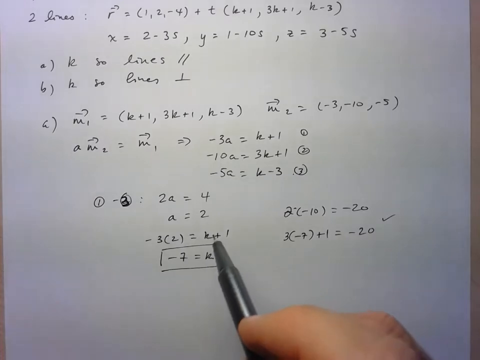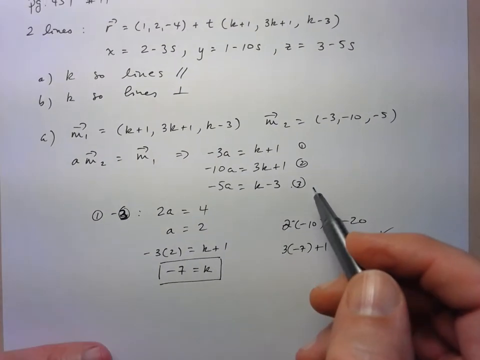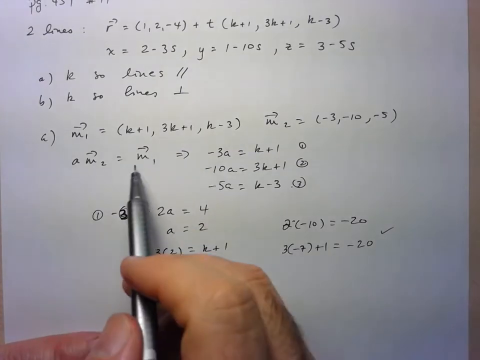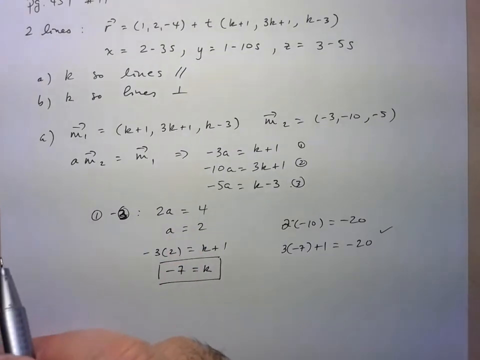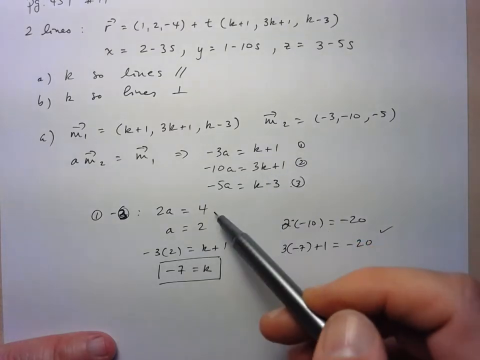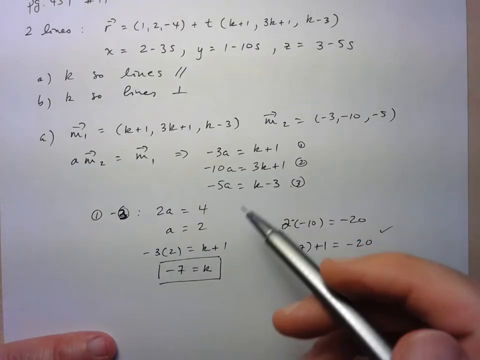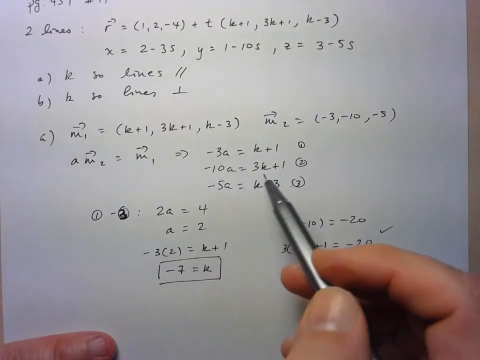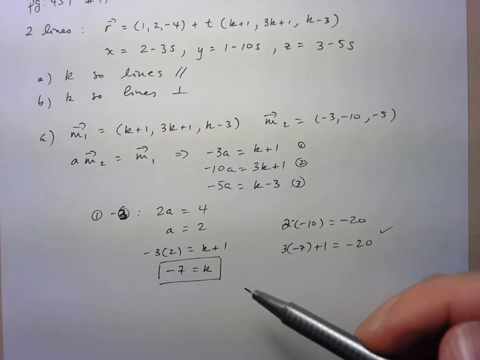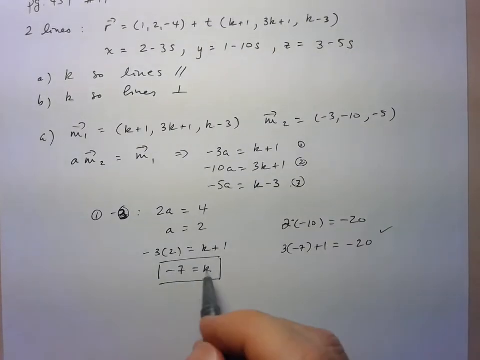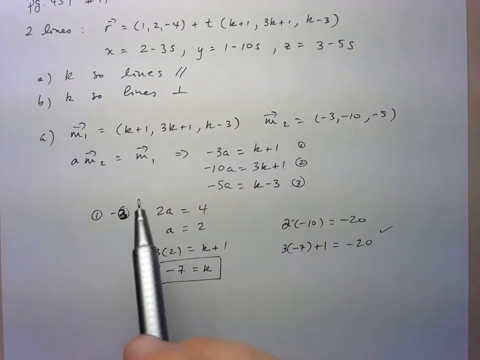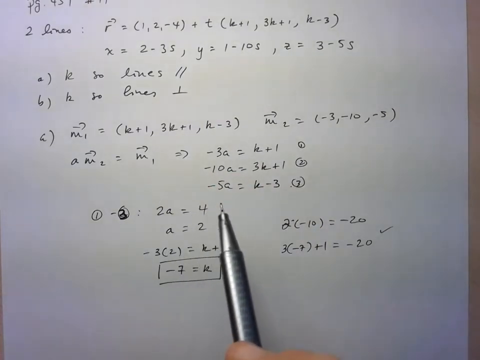Just to recap, I used the relationship between parallel vectors, that they have to be scalar multiples of each other, and from there I was able to use two of the equations to solve for k, but I needed to check that that value also worked for the equation that wasn't used. Because it did, we can say that k equals -7 will make these two vectors parallel to each other.